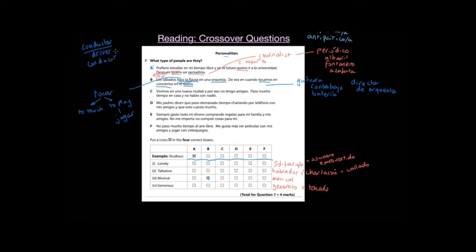Okay? And also, still in the topic of music, if, for example, you see words like violinista, pianista, flautista, they are the musicians that play each instrument.